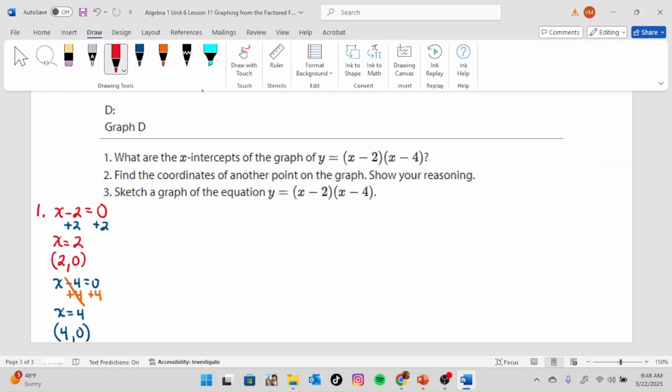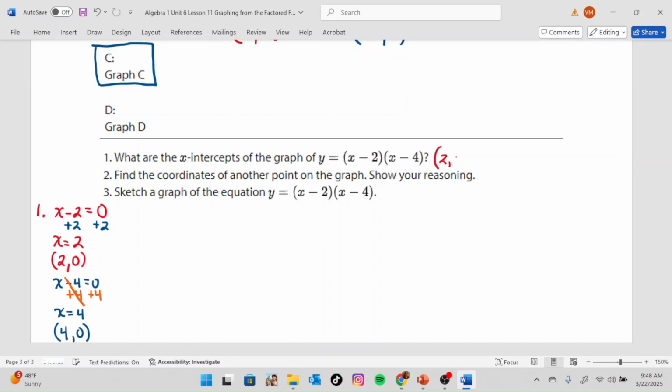So our answer would be (2, 0) and (4, 0).